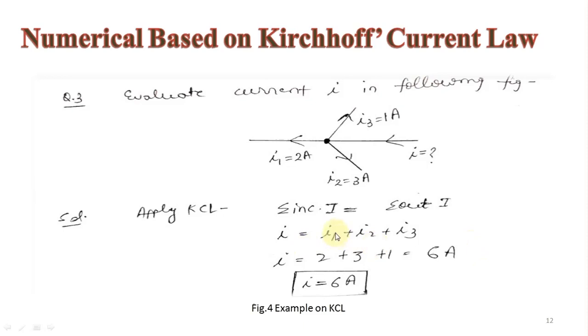By putting the values of these currents into this equation, I is equal to 2 plus 3 plus 1. So the total value of current I is 6 ampere.